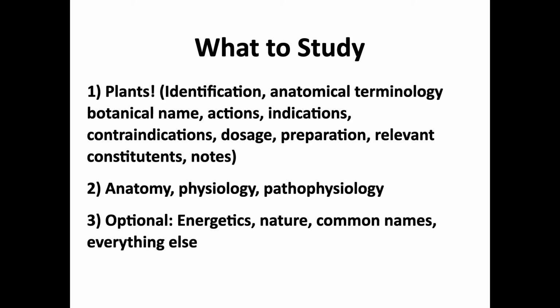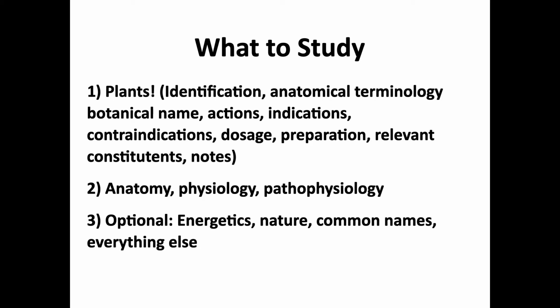We're not offering anatomy, physiology, and pathophysiology in this video, but that is something that you would want to begin to study. This is from a Western perspective. And then optional are the energetics. If you're going to study energetic medicine like Ayurveda or Chinese medicine or Tibetan medicine, that would be the quote-unquote temperature, which is cold, cool, neutral, warm, and hot.